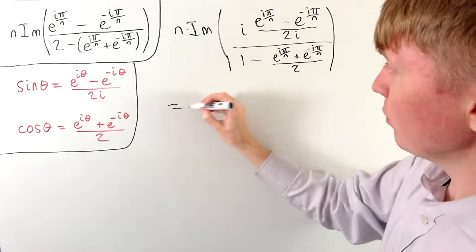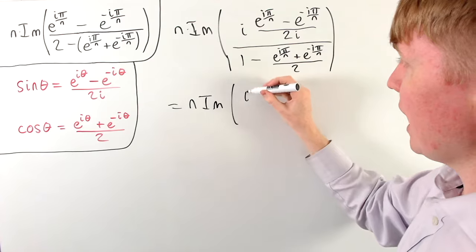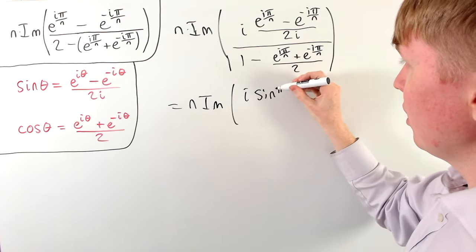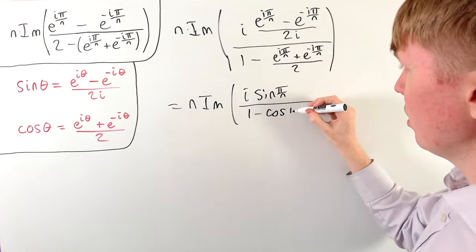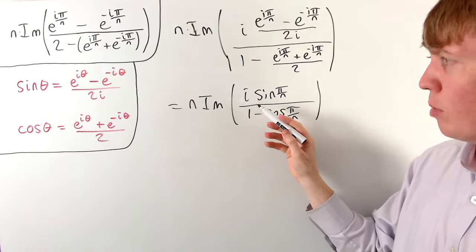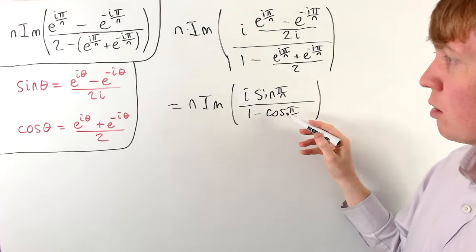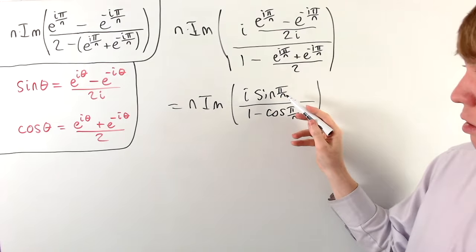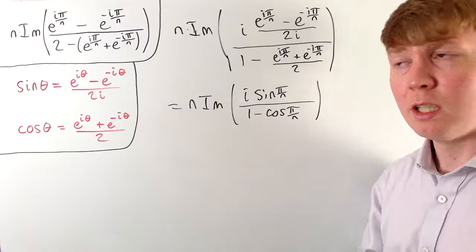So we can now simplify all of this to just become n times the imaginary part of i times sine pi over n, all divided by 1 minus cos of pi over n. So the imaginary part of this complex number, we've just got i times something real divided by something real. So the imaginary part of all of this is actually just going to be sine pi over n divided by 1 minus cos pi over n.